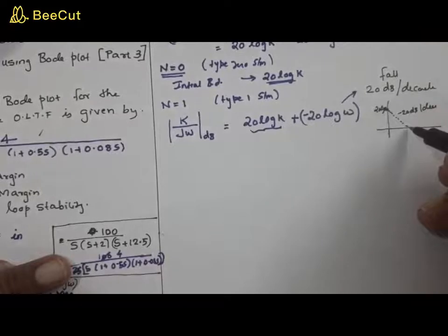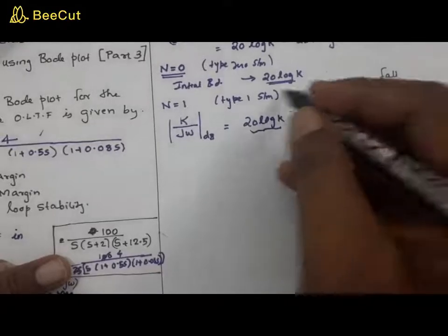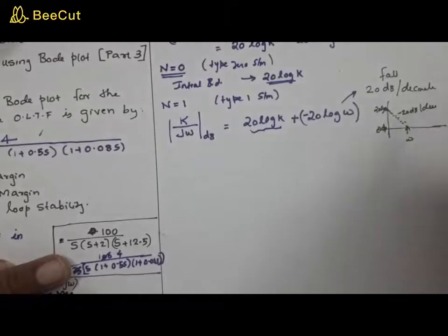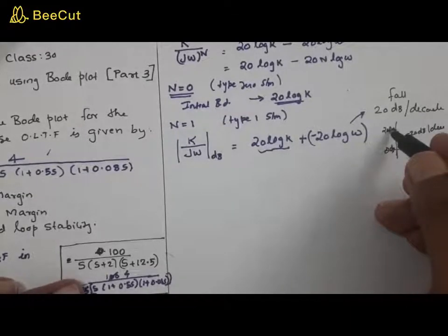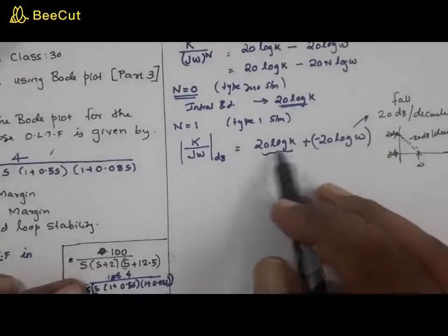Now the question is, from where it will start, that's an important point. We must be very careful about this, as this is the 0 dB axis. If we can understand when this will become 0, that means this particular line has to meet the 0 dB axis at a particular omega. If you can find that out, it's very easy to construct this initial slope. So it starts from 20 log k, and from there onwards it decreases at minus 20 dB per decade, because it is just the sum.